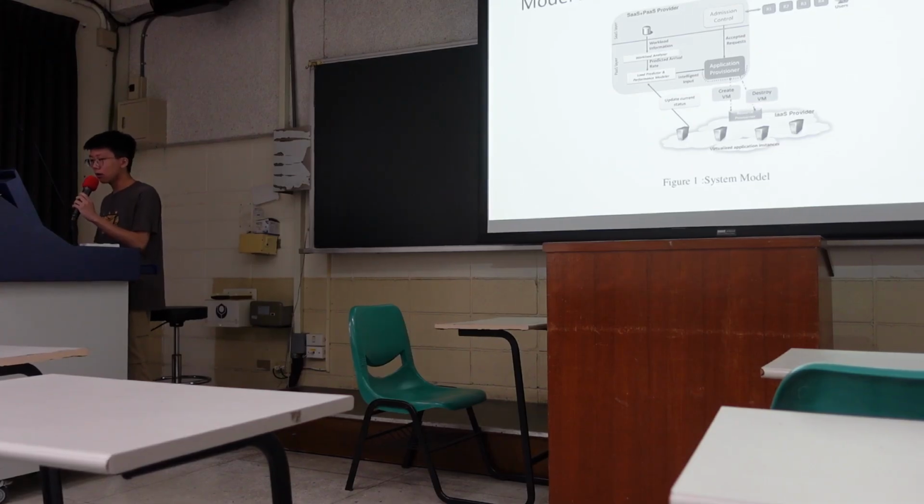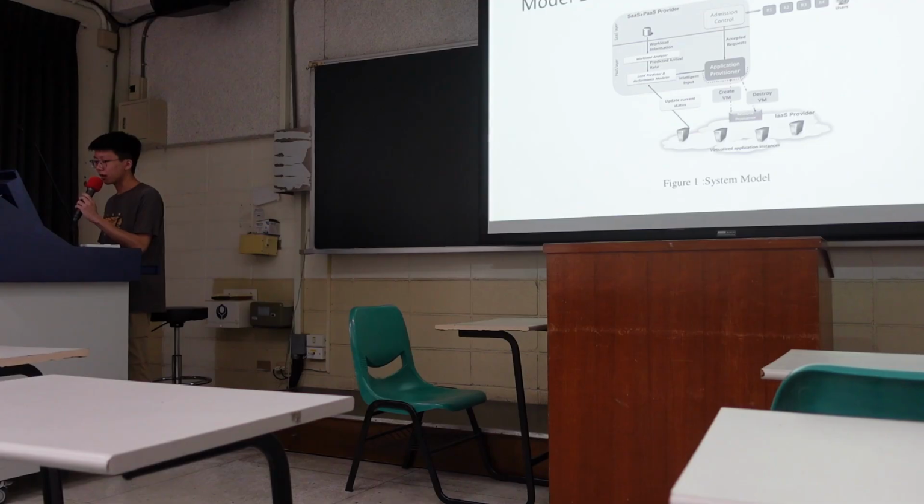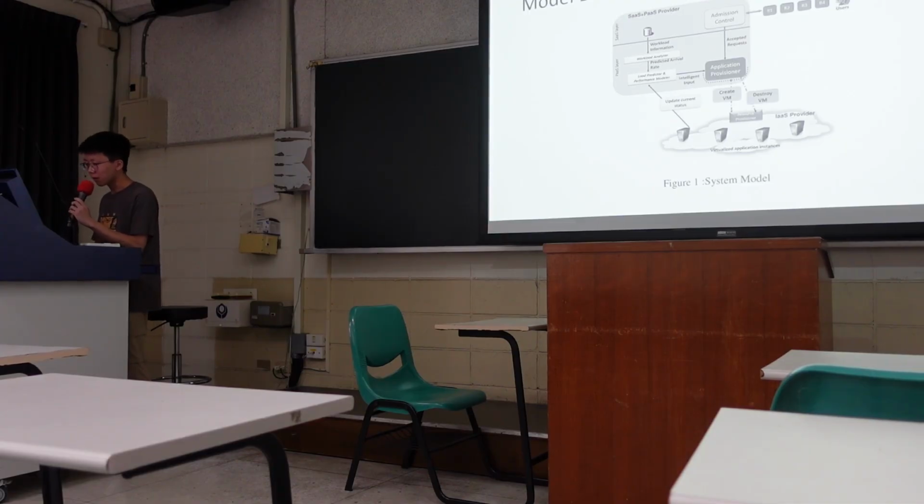And second, once the requests are admitted into the system, the workload analyzer on the left analyzes historical workload information, and the load predictor and the performance model predict the upcoming arrival rate and resource requirements.